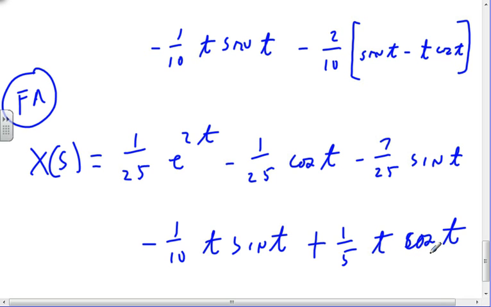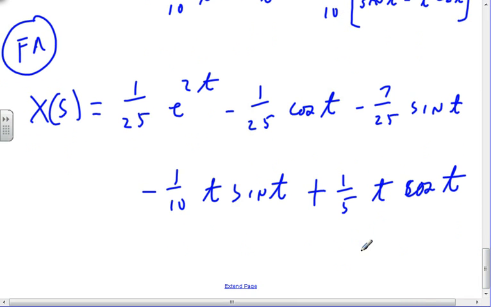And then they have a minus 1/25 cosine, making that correct. And then they have a minus 1/10 t sine, making that correct. And over here they have 14/25 with a minus sign, 14/50, which is 7/25. Wow. Check. Back of book.